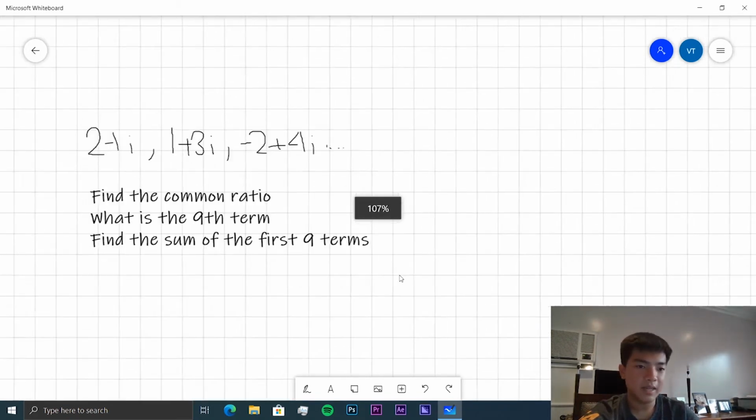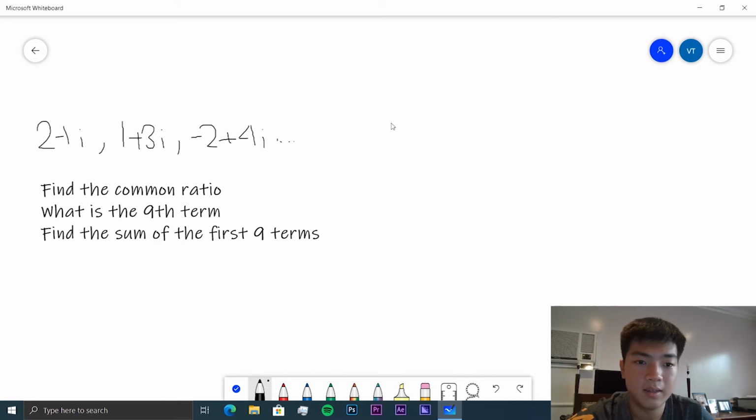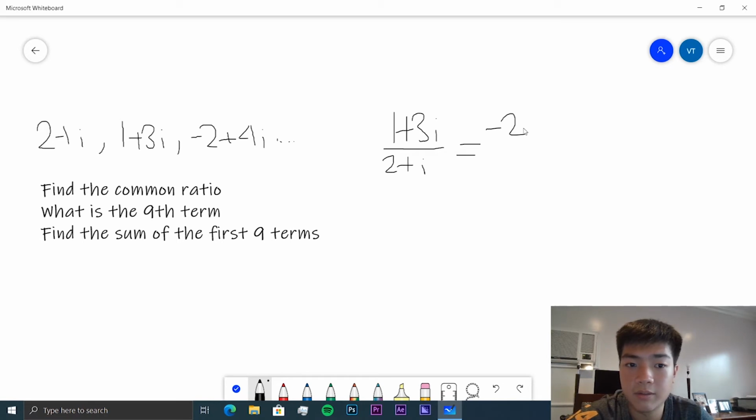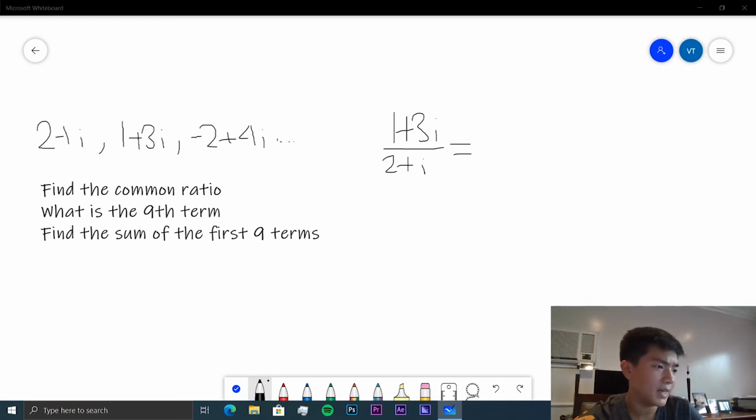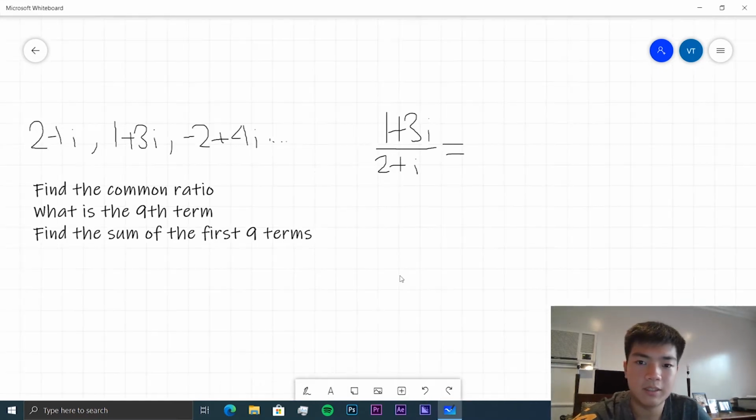Okay, so we know that 1 plus 3i over 2 plus i is equal to negative 2 plus 4i over 1 plus 3i. Well, since it's a geometric sequence, we can just use that to verify it later, but more or less, we need to calculate what this is. Of course, we could solve this Cartesianally, but I kind of want to convert this into a geometric form.